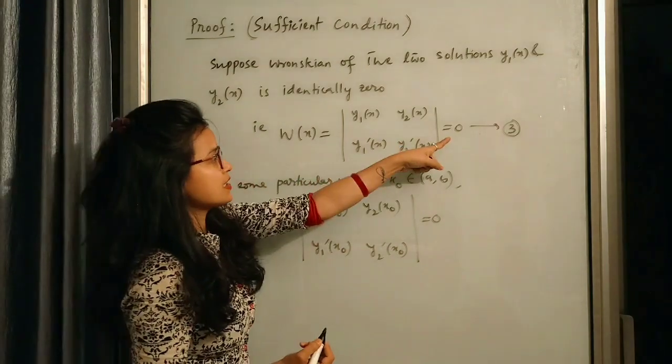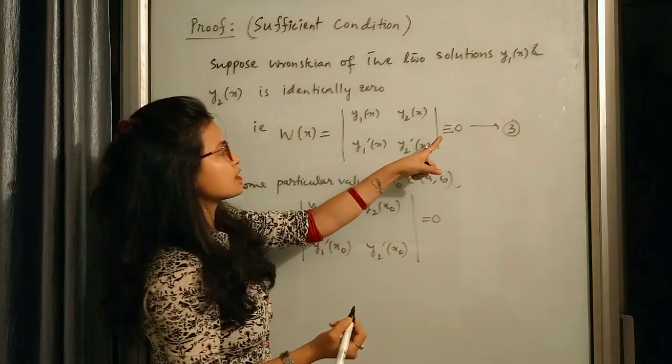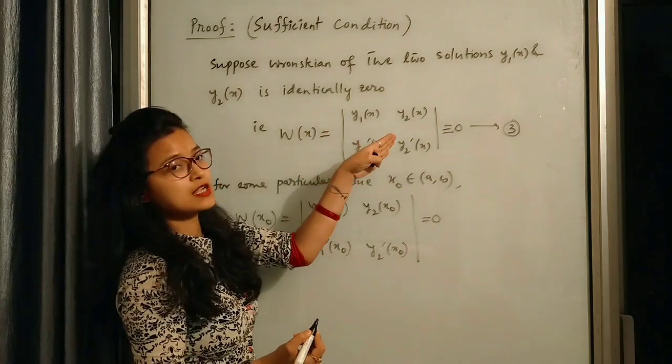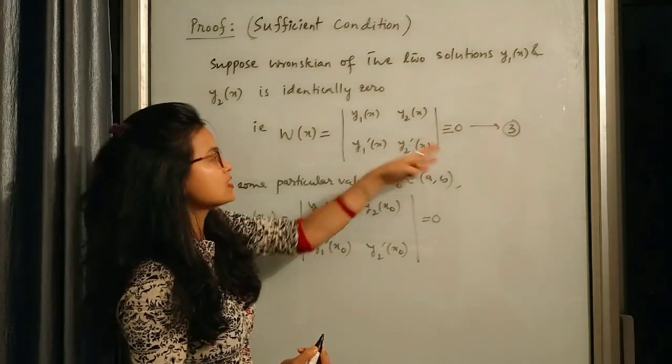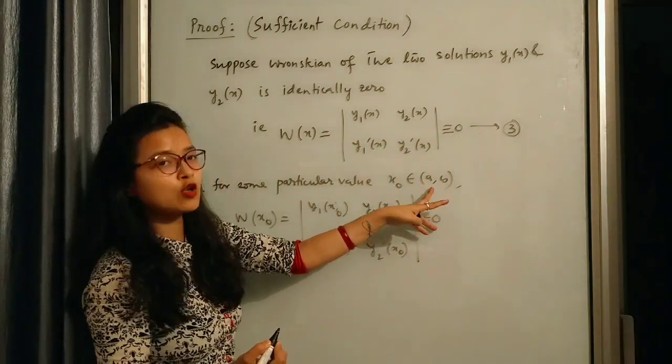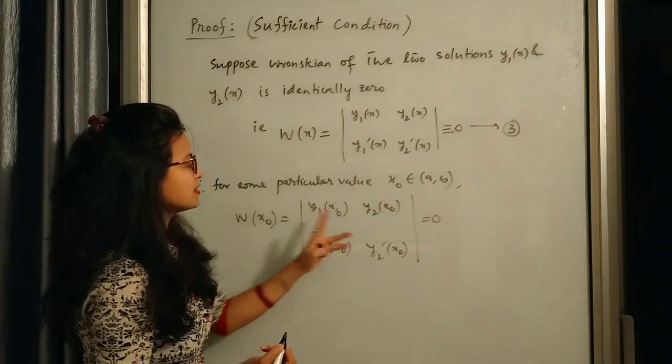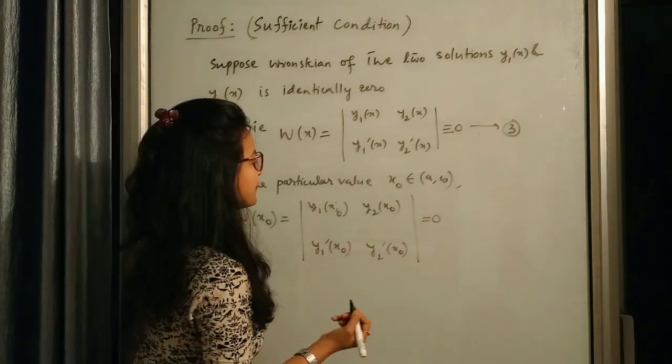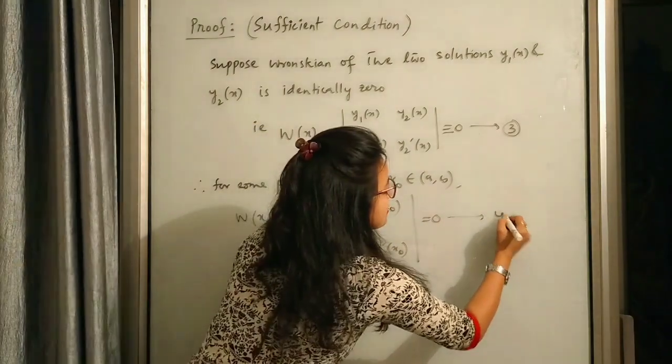Wronskian identically 0 means what? It is 0 for all x in the open interval (a,b). Hence, for any particular value belonging to that open interval, we will get the same, equal to 0. Let's take this as number 4.